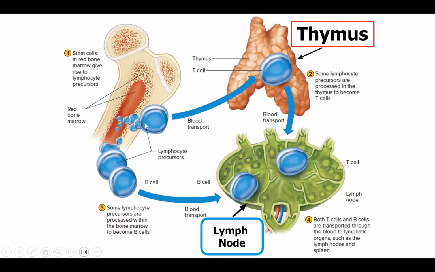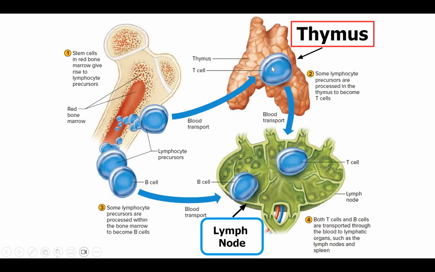One of these precursors ends up going into the thymus. The other precursor is going to end up going into the lymph node. So let's start with the one that's going into the thymus.